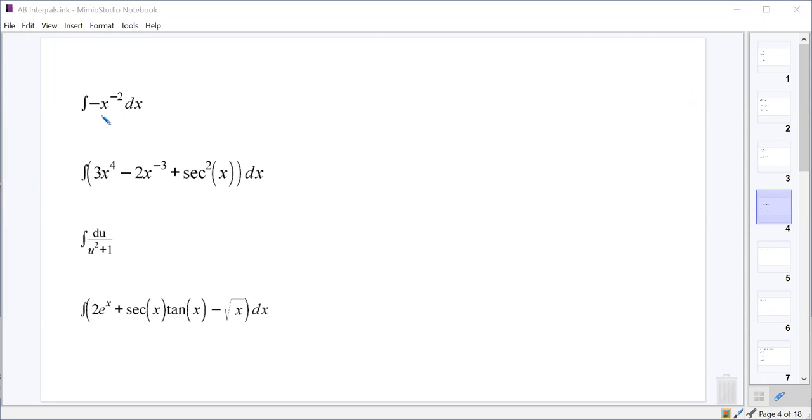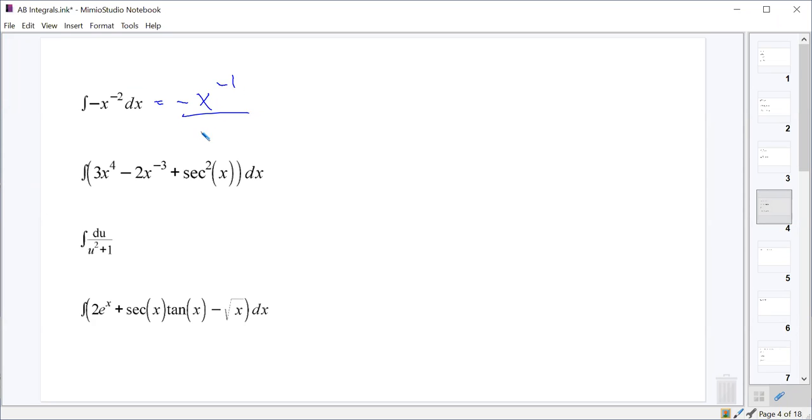So first one, negative x to the negative 2 dx. If we want to find the function that represents the integral of that, we're going to use the power rule in reverse, right? So we'll go up from negative x to the negative 2 to negative x to the negative 1.